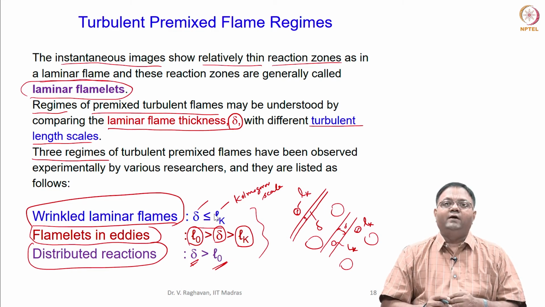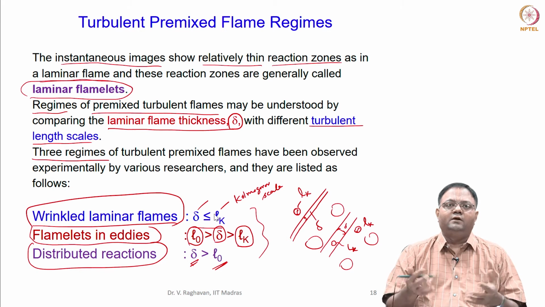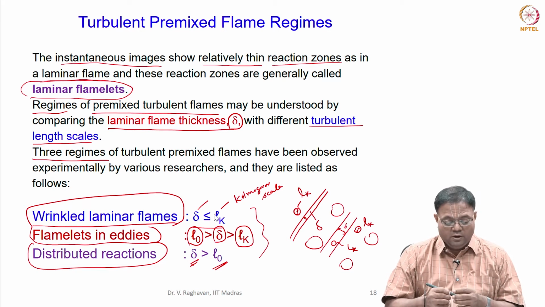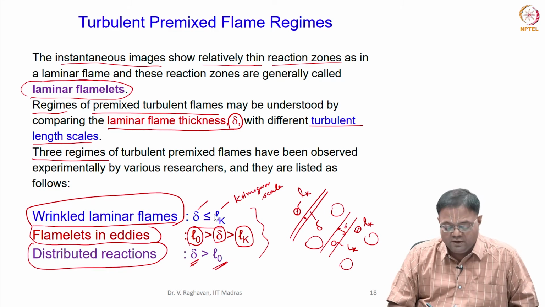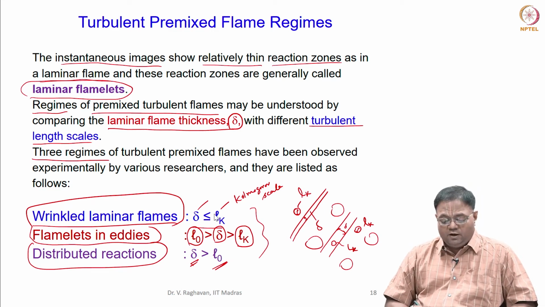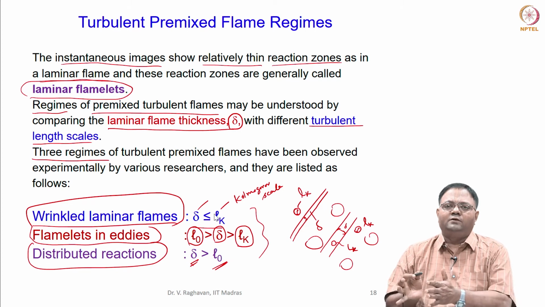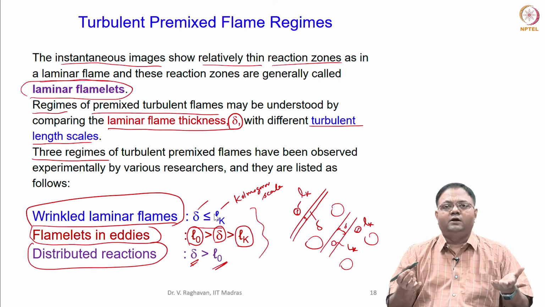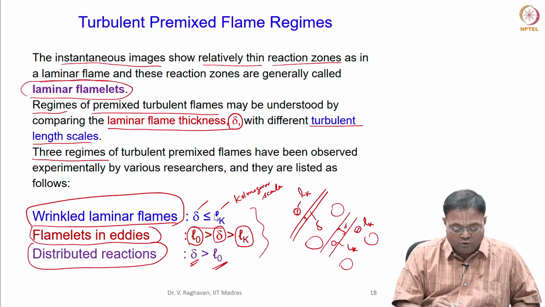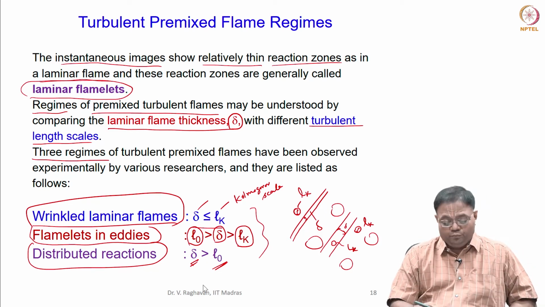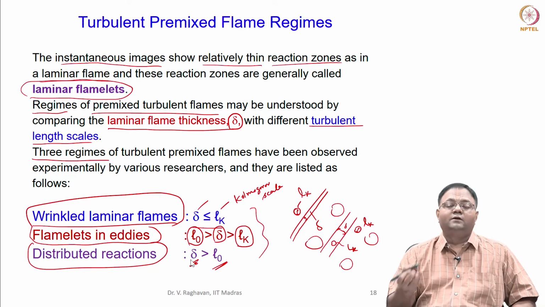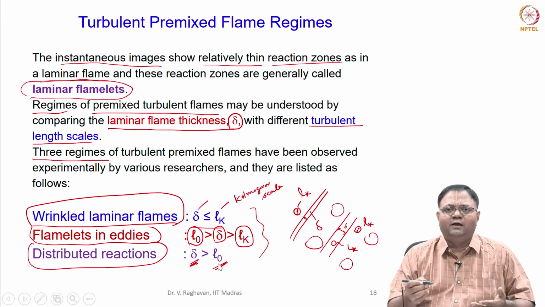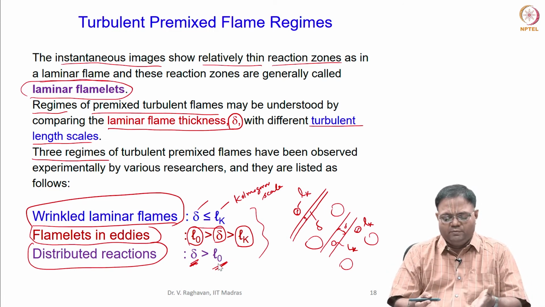Anyway, we can see that there is an increase in the burning speed, the rate of consumption of the reactants and so on. Second is the flamelets in eddies. Here part of the smaller range of eddies can penetrate into the reaction zone, but again larger eddies cannot penetrate. But if you go to the distributed reaction zone, the flame thickness is higher than the integral scale itself. So the L lambda will be somewhere in between.